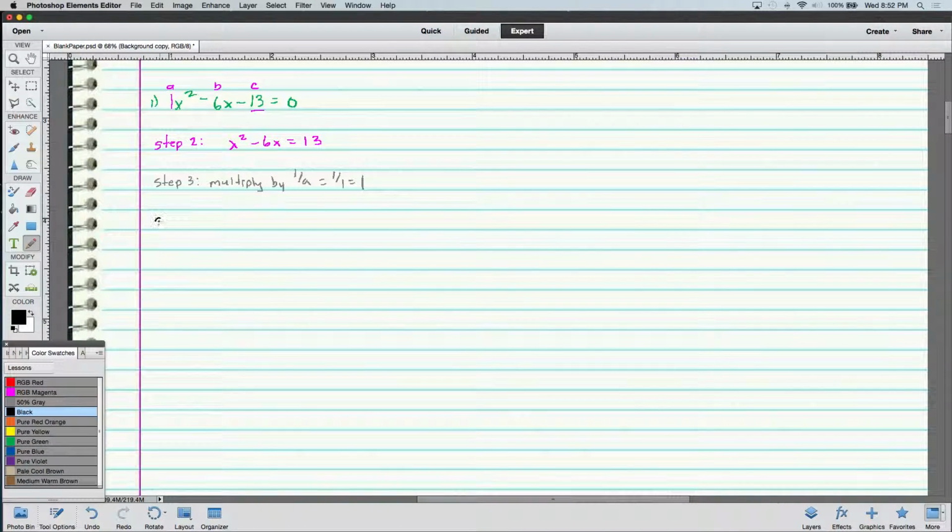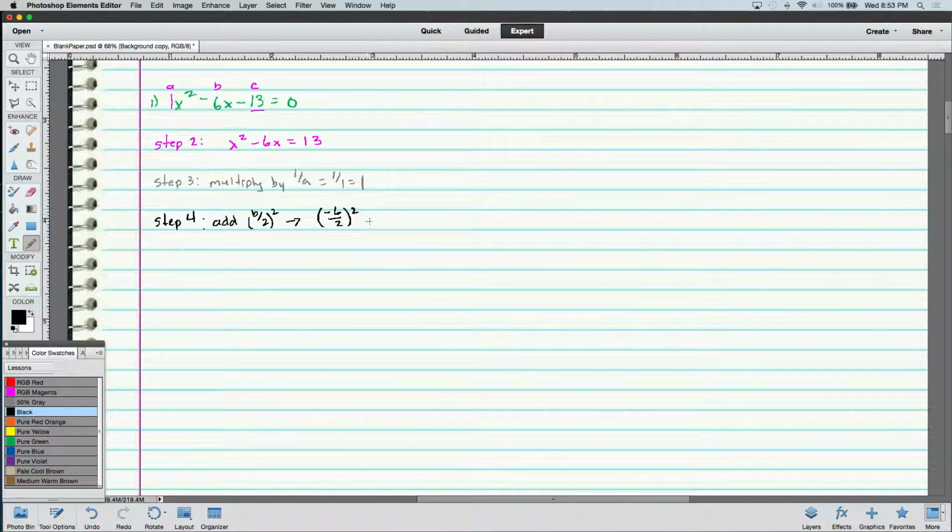Step number 4, add b over 2 squared. Well, what's our b value? Our b is -6. Since we're squaring it, we don't really have to worry about the plus or minus, but I can write it in just to be sure that we know what b is.